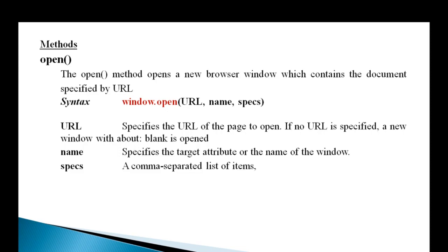URL specifies a page to open. If no URL is specified, a new window with about:blank is opened. The name specifies the target attribute or name of the window. A comma separated list of items is specified with specs.